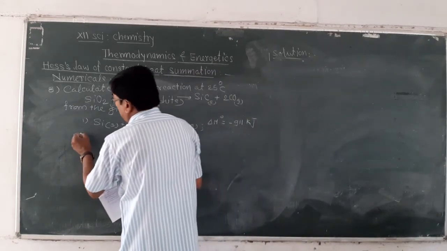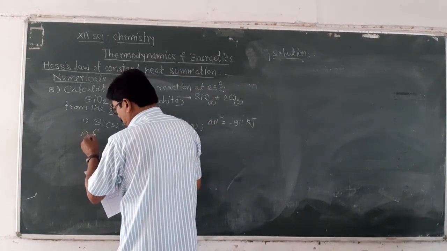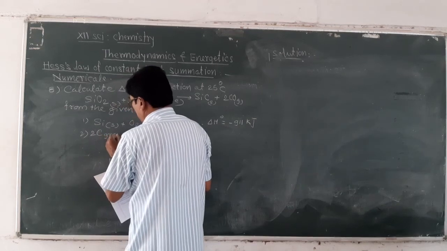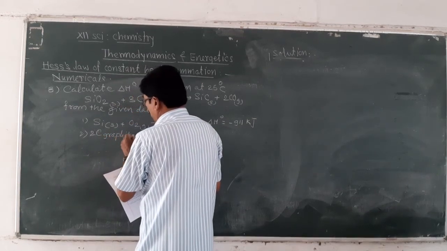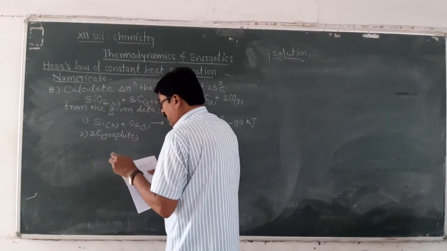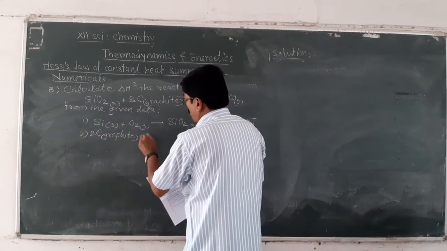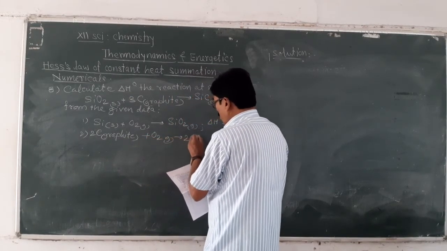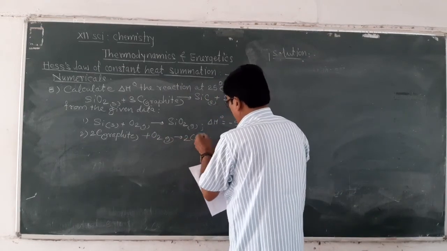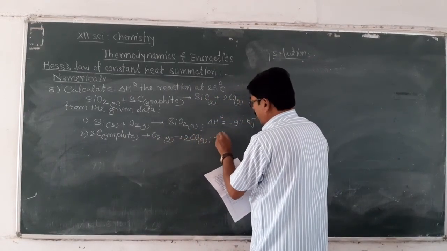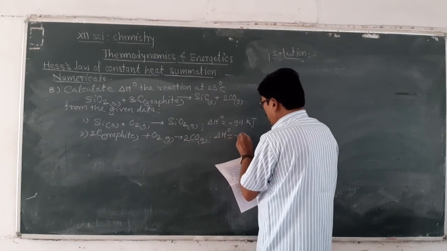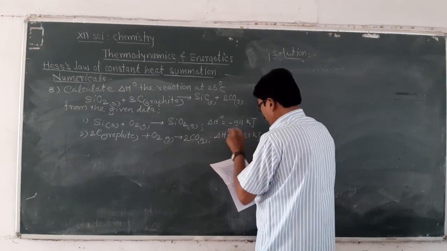Second equation: 2 carbon graphite plus O2 gas gives 2CO gas, and enthalpy of this reaction is minus 221 kilojoules.